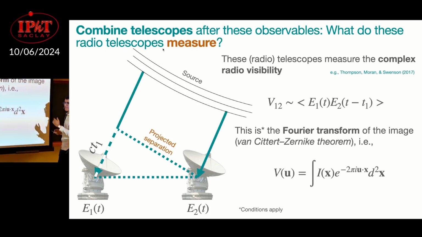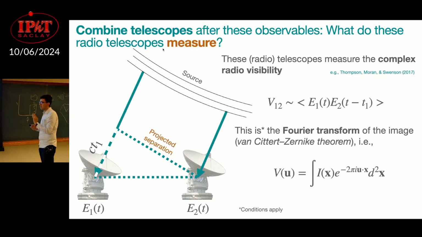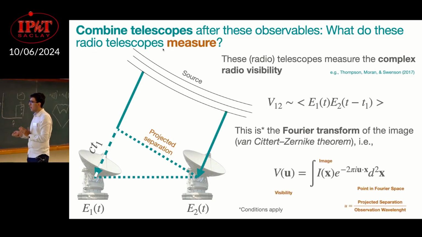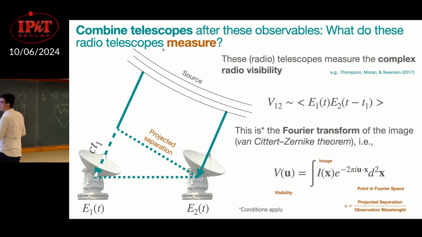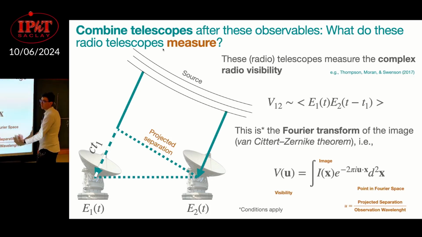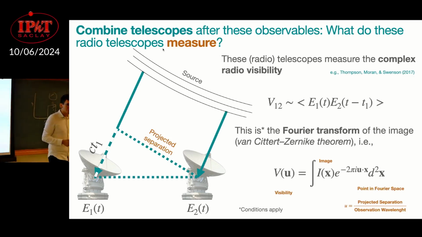That's why Daniel was mentioning this quite carefully, because we are observing in the Fourier domain. So you will have a projected separation here and the observational wavelength. Choose which telescope you're going to use, 245 gigahertz, 345, it doesn't matter. Choose the separation, and that will tell you where in Fourier space you are.